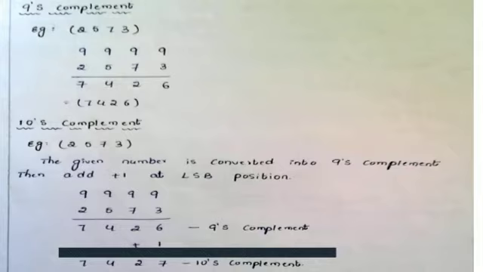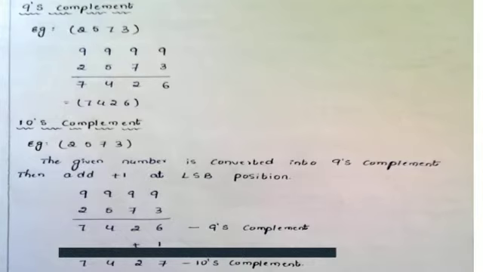After that, how can we get the nines complemented value? For example, I am taking the 4-digit number 2573 and converting it into the nines complemented value. For this, we need to subtract the number from 9s.